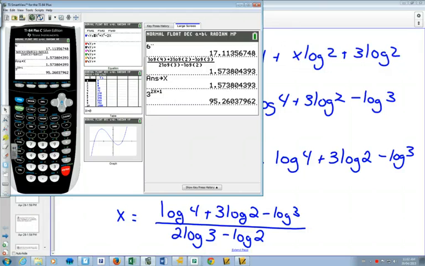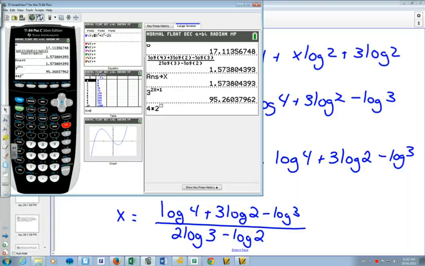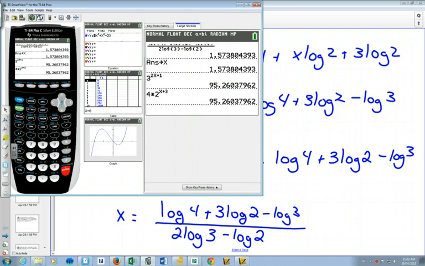And that is equal to 95.26. And on the other side, I had 4 times 2 to the power x plus 3. And this is the scary part, because if these numbers aren't the same, then we have to go back and look through all of our logs to see where we made a little mistake. It's also the exciting part when you didn't make a mistake.